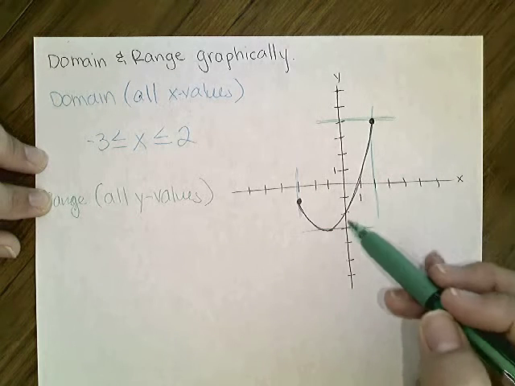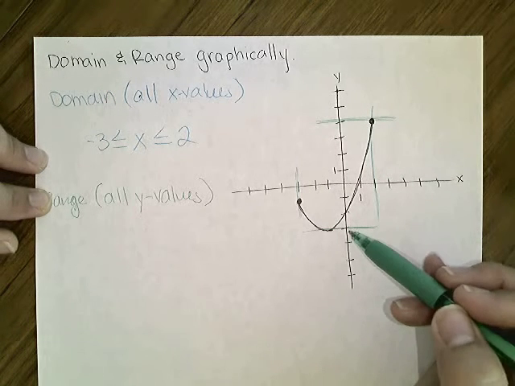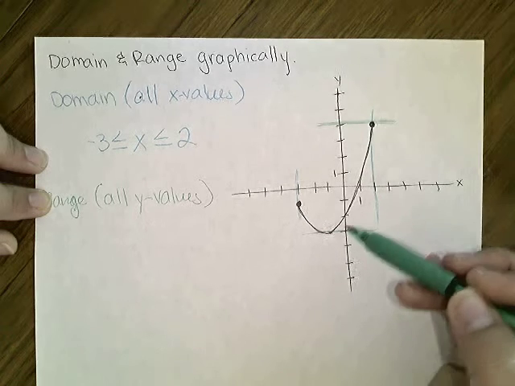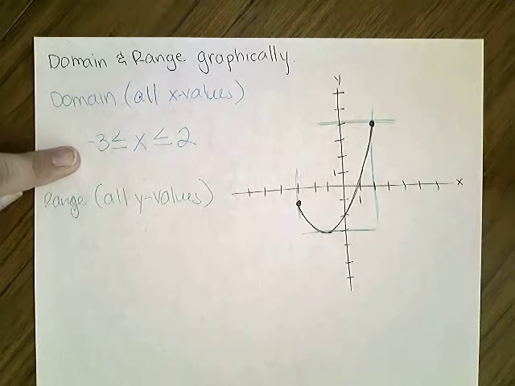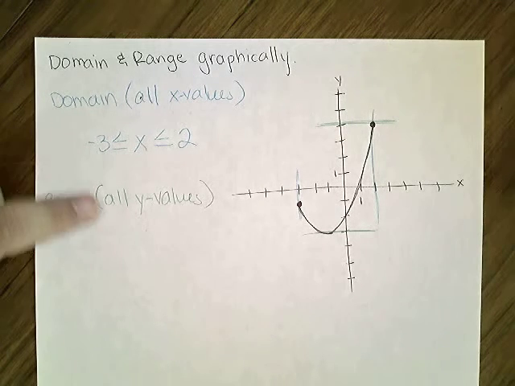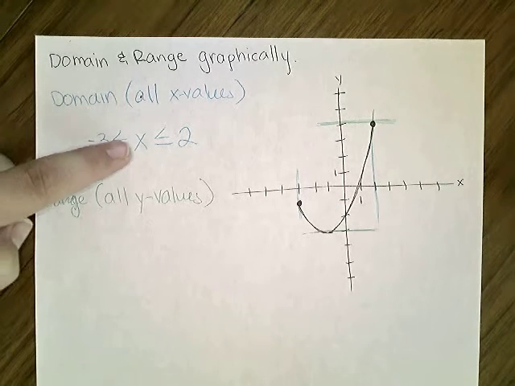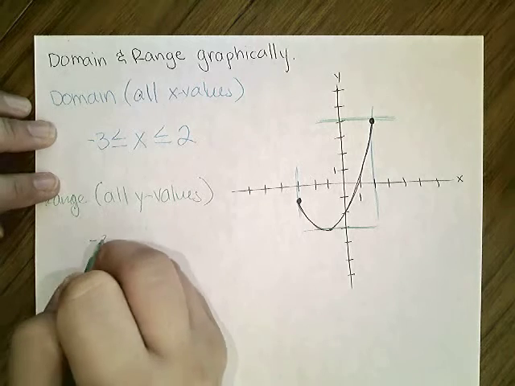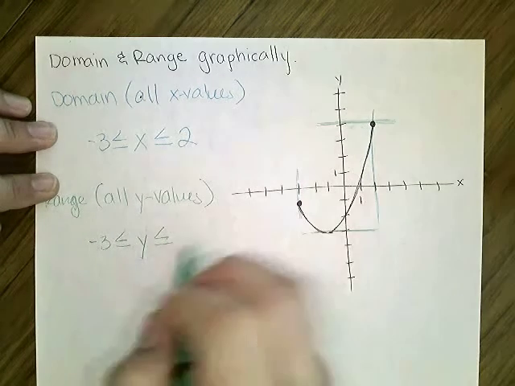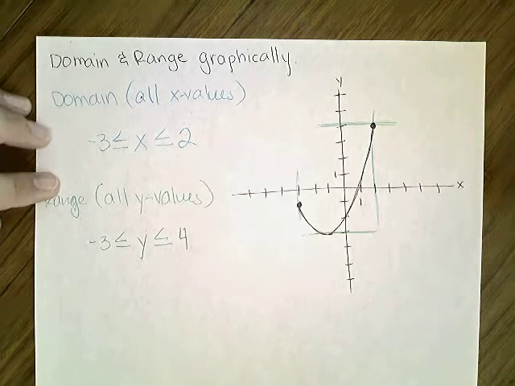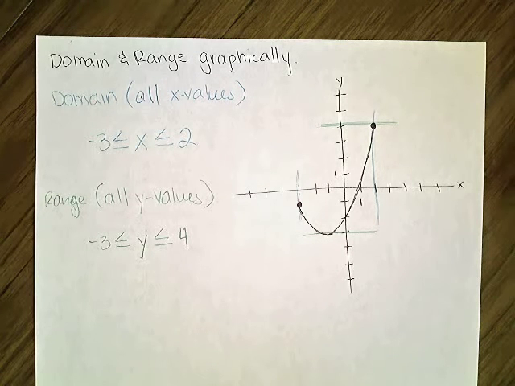So the lowest possible point happens to be -3 again, and the highest possible point, 1, 2, 3, is 4. So again, we can use our three-part compound inequality. Since we're dealing with our y values, we're going to use the variable y. So we have -3 is less than or equal to y, which is less than or equal to +4. So that's dealing with your domain and range graphically.